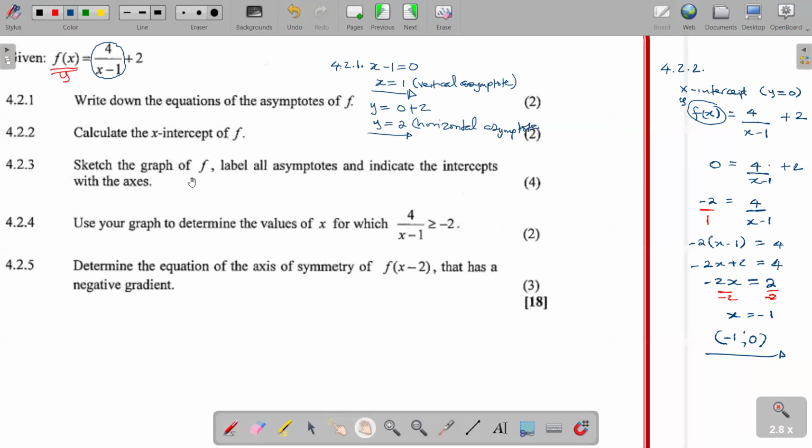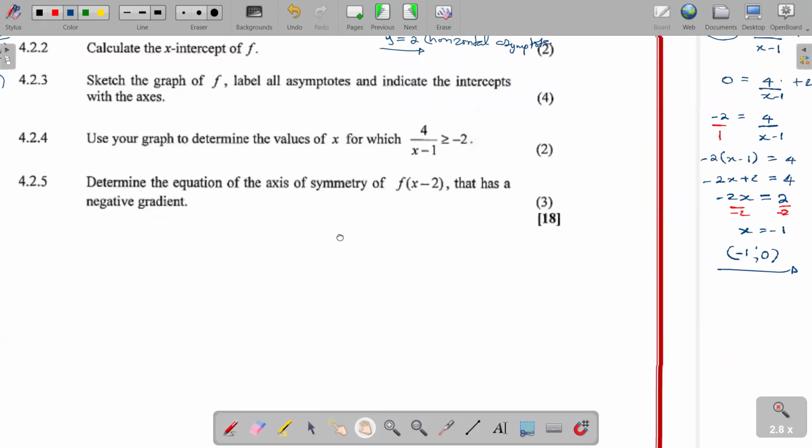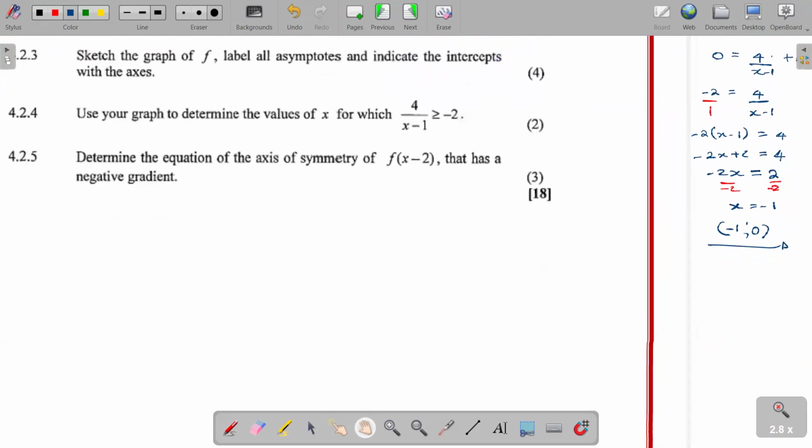They are saying sketch and label. So you are required to sketch the graph.